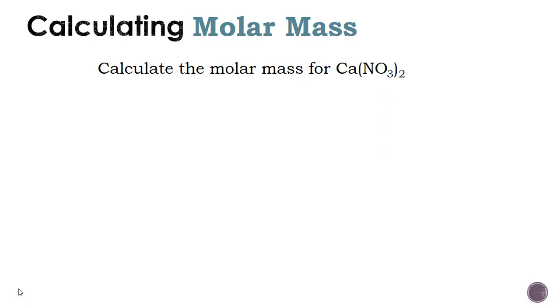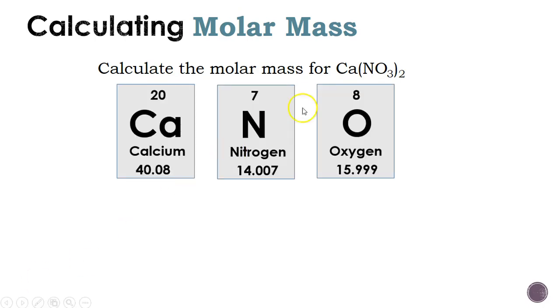Here we have an ionic compound. We have calcium, nitrogen, and oxygen. If you take a look at each square on the periodic table, we have these 3 squares. This subscript 2 is going to be multiplied by oxygen, and it's going to be multiplied by our nitrogen, changing the number of atoms we have.